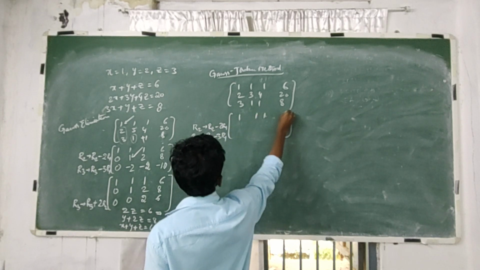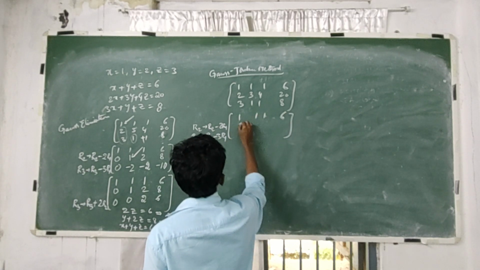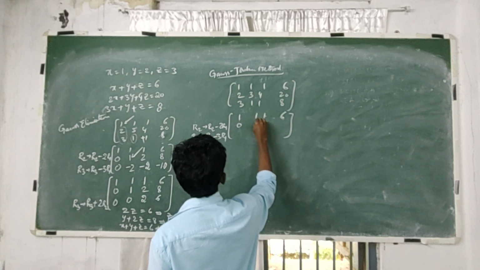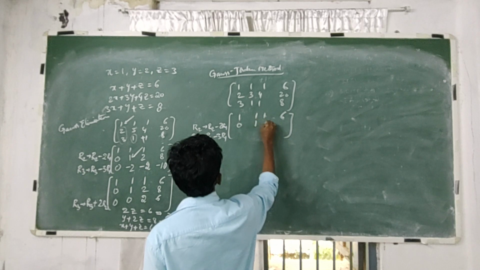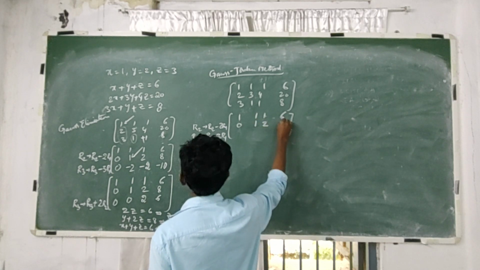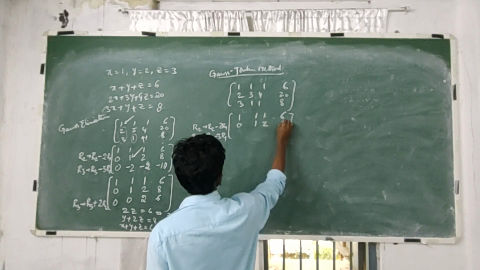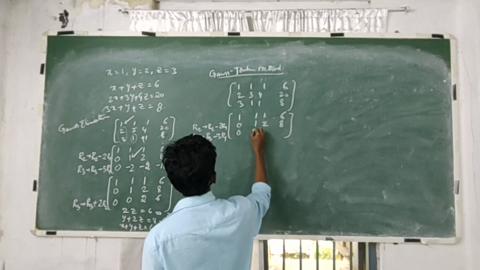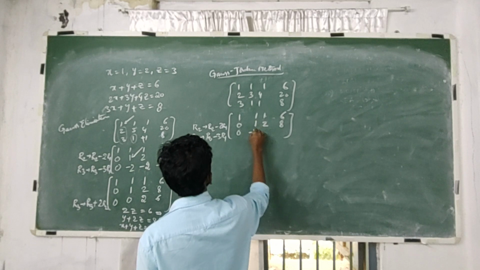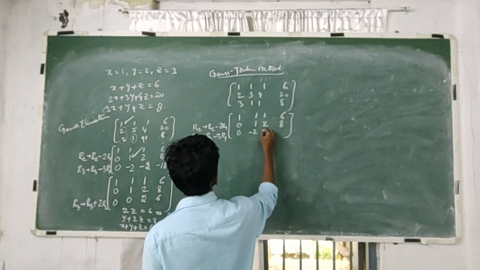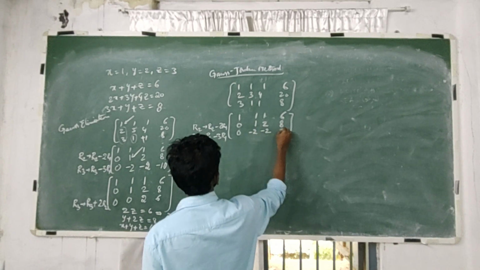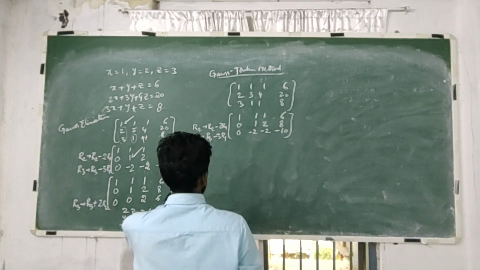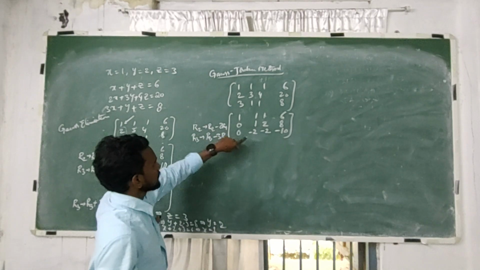So you'll get 1 1 1 6, 0 1 2 8, 0 minus 2, minus 2 and minus 10. Up to this level it is same.